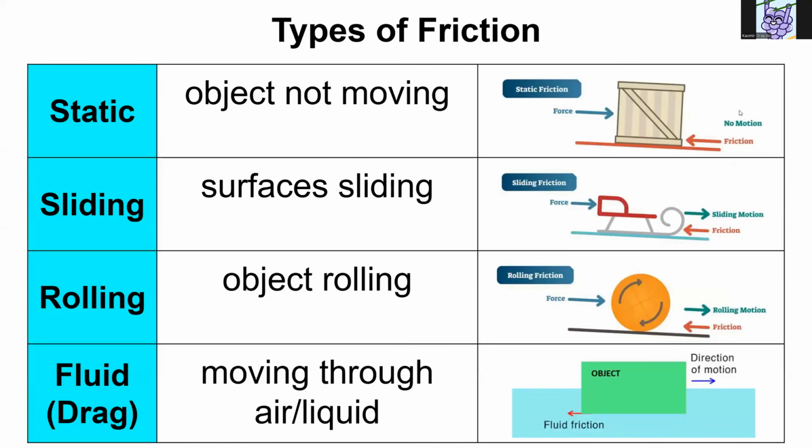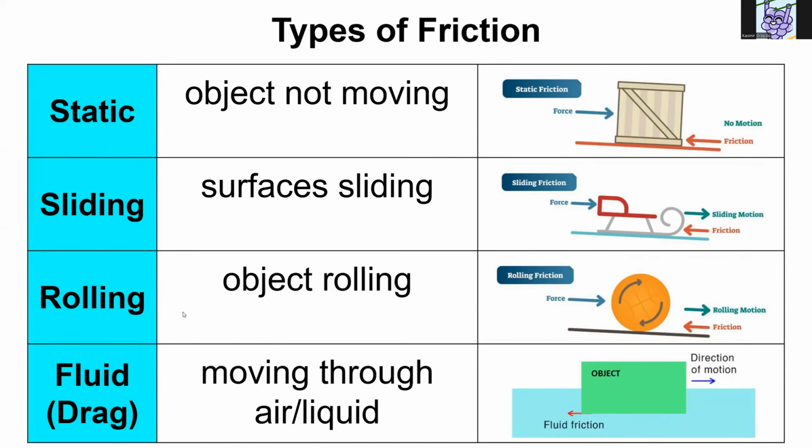So, types of friction. There are four different types of friction. Static friction is when the object is not moving. So, the force and friction are equal, so you'll get no movement. Sliding is when the surfaces are sliding. So, if you have a sled, the force against the friction, and you'll get a sliding motion.